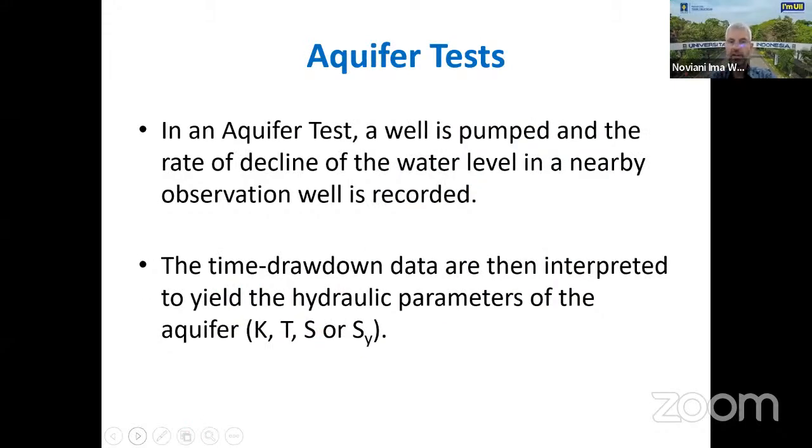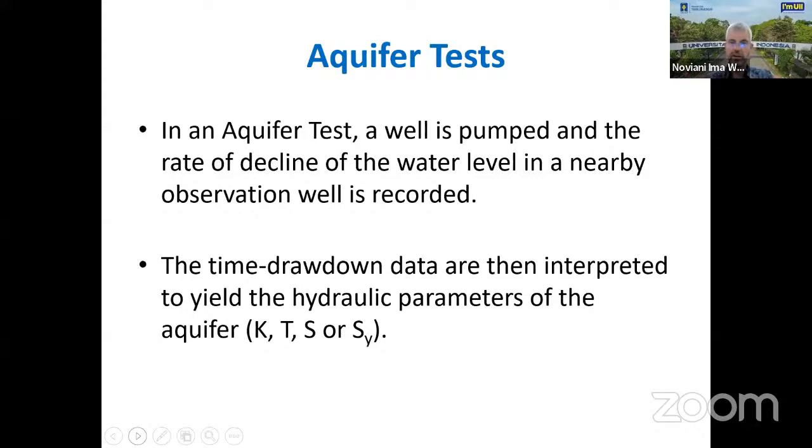In an aquifer test, we purposely pump a well and we measure the drawdown inside the well and in nearby observation wells. So we have at least one well, that's the pumping well, and ideally we have one or more observation wells, which are relatively close to the pumping well, maybe 10 meters away, maybe 100 meters away.